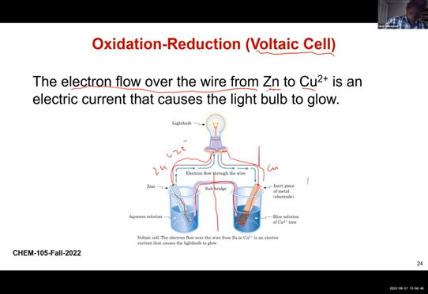It comes here, completing the circuit. When there's an electron flow, this light bulb lights up. Therefore, this type of cell, an electrochemical cell, could be used as a battery.